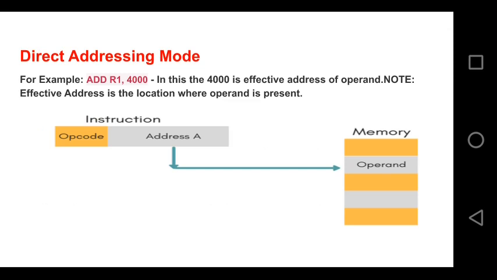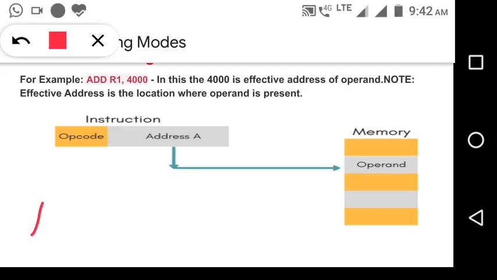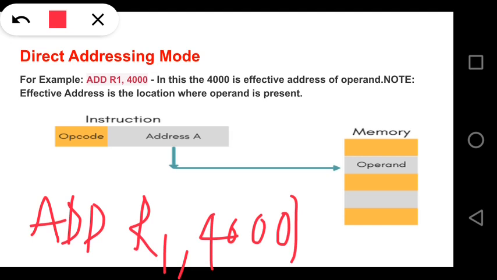So this is about the pictorial representation of how direct addressing mode works. For example, the instruction is: add R1 with 4000. 4000 is not a value, it's an address.